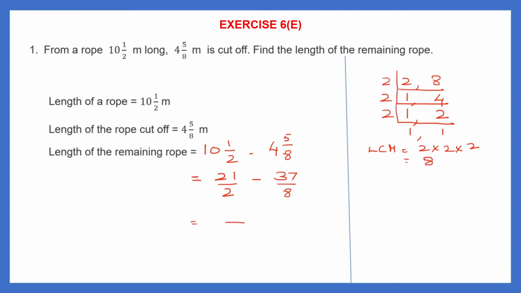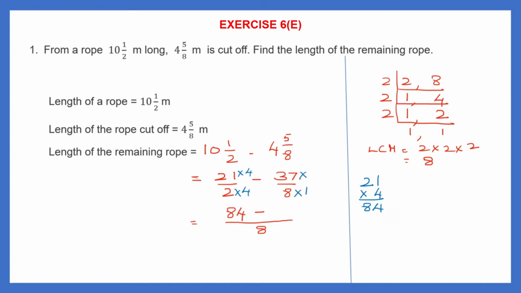We are going to find our new numerators. 2 fours are 8, so 21 into 4. Let's multiply and see. 21 into 4. 4 ones are 4, 4 twos are 8. So we get 84 minus 8 ones are 8.